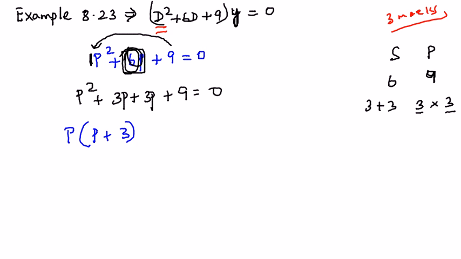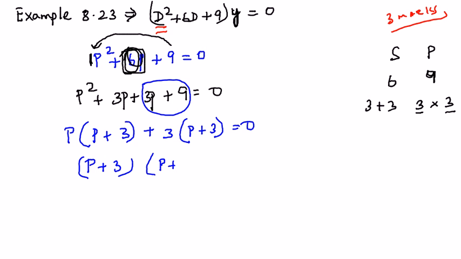If you take the common term here, 3 is common, so p plus 3 equal to 0. Now this equation can be written as p plus 3 into p plus 3 equal to 0, or in other terms, p plus 3 the whole squared equal to 0.